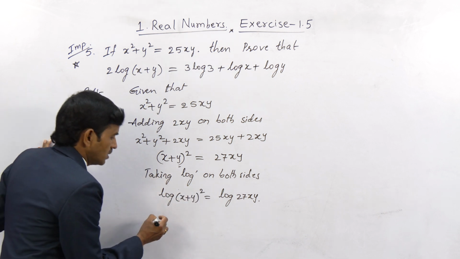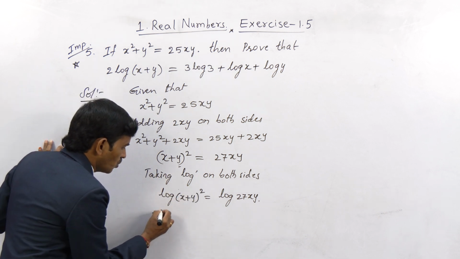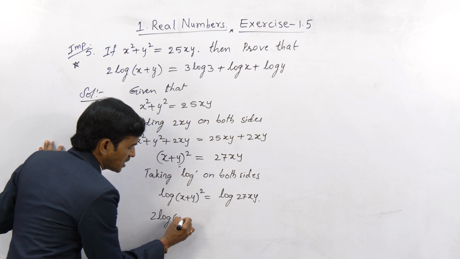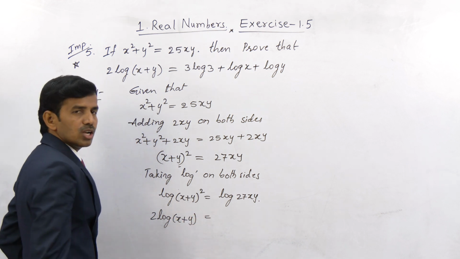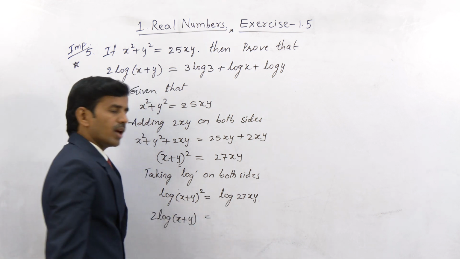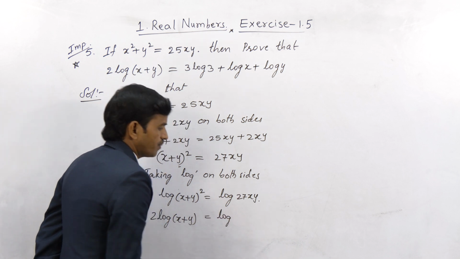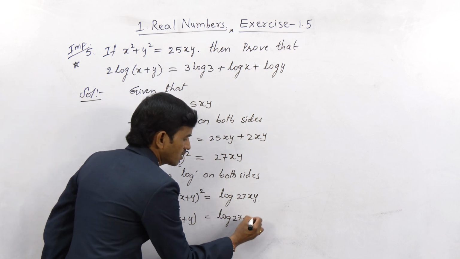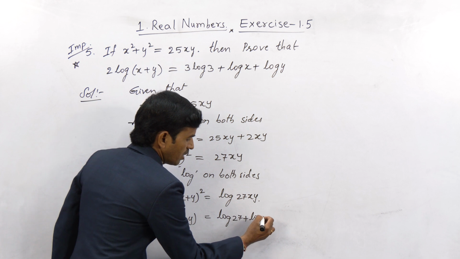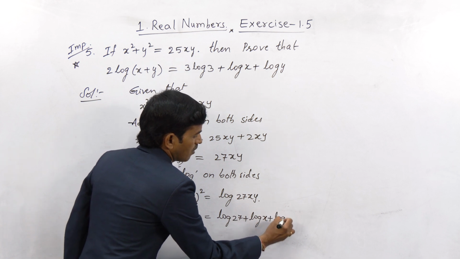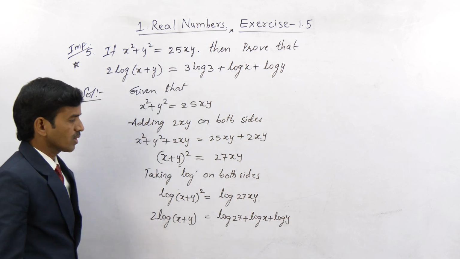If you apply the power rule, it becomes 2 log of x plus y, which is equal to, if you apply the product rule here, log 27 plus log x plus log y.